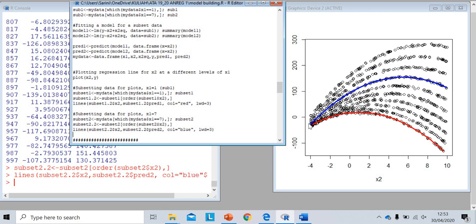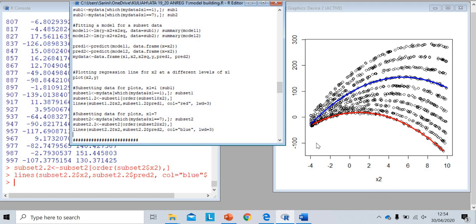There will be some point where the blue and the red lines intersect each other. Non-parallelism indicates interaction, because the rate of increase in y as x2 increases is slower when x1 equals 7, the blue line, compared to when x1 equals 1, the red line. Simply speaking, non-parallelism means there's an interaction.